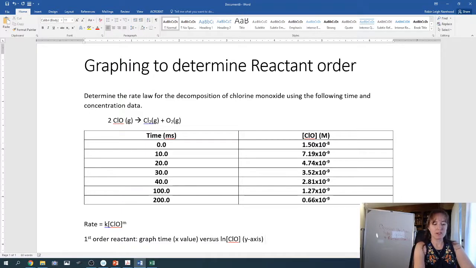If this graph, time versus the natural log of the concentration, is linear, then ClO is a first order reactant, and your rate constant will be equal to negative the slope.